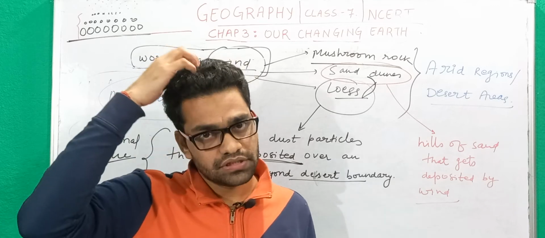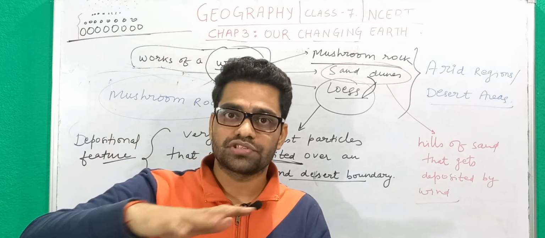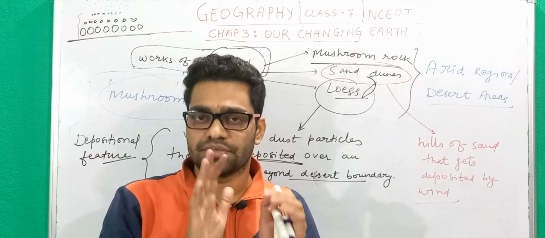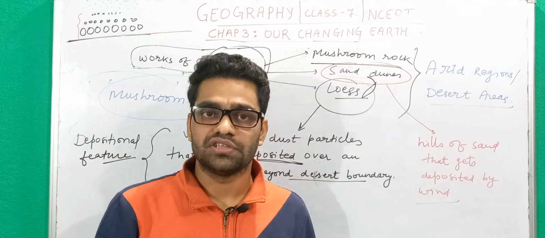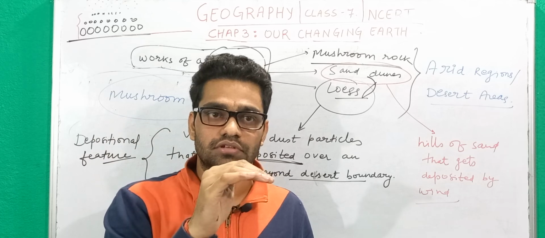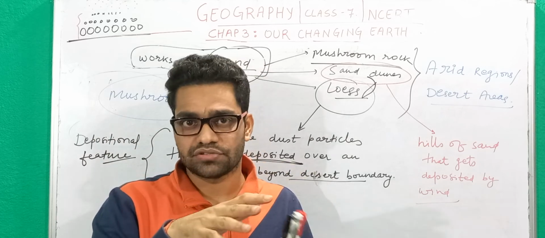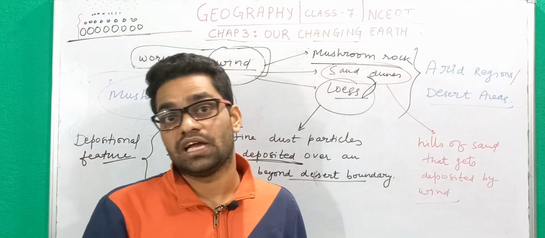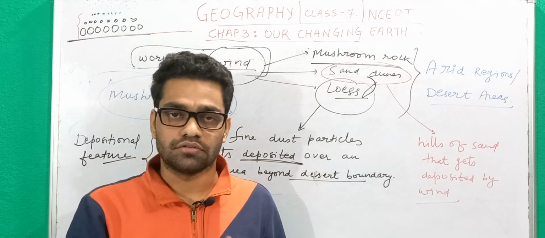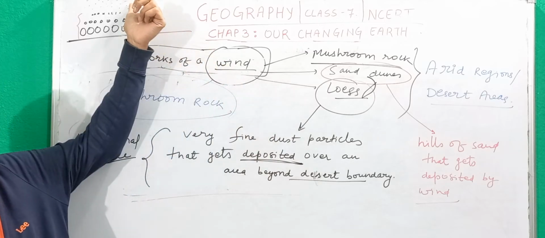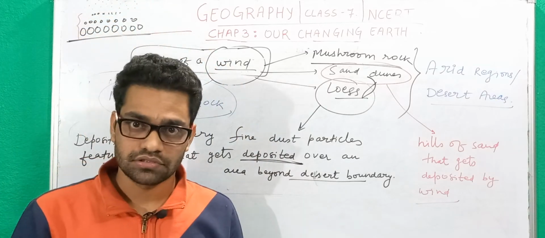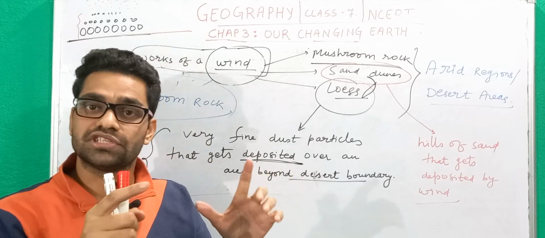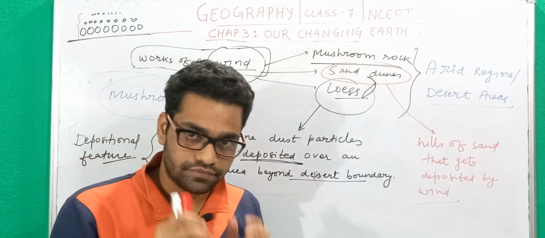Now when this wind comes across any type of settled area or area which has a substantial amount of vegetation, when the wind strikes the vegetation like plants or trees, the wind speed automatically goes down, and because the wind speed goes down, the fine particles that were being carried by these winds get accumulated on this area which has a substantial amount of vegetation.